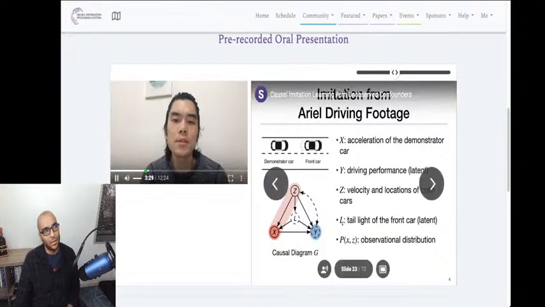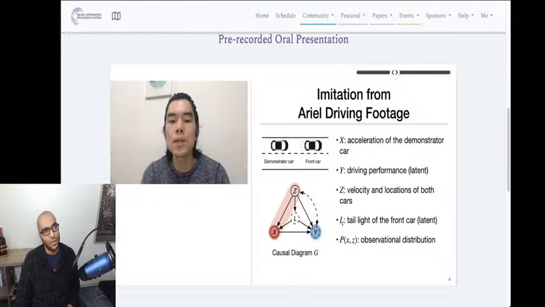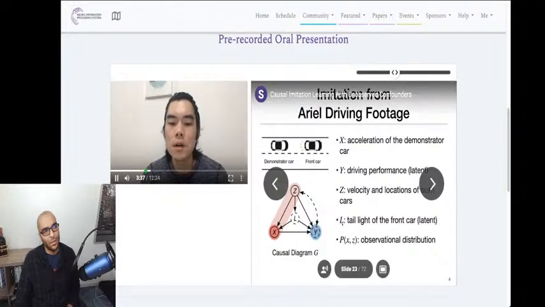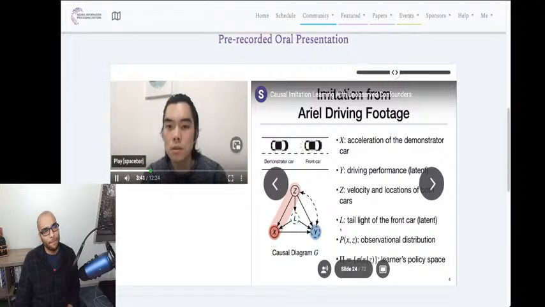And the learner decides values of x, accelerate or decelerate, based only on the covariance information z. That is, the learner's policy is of the form pi x given z.